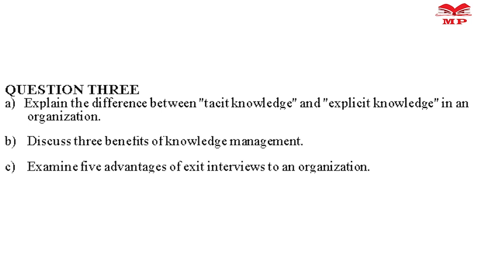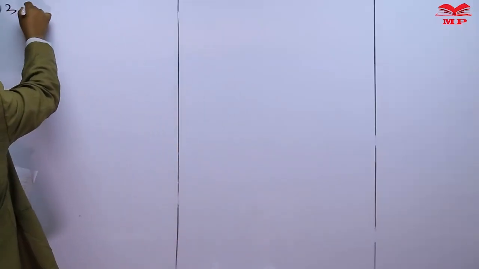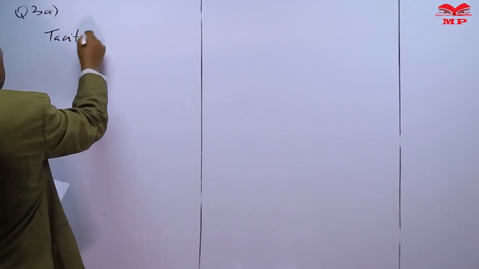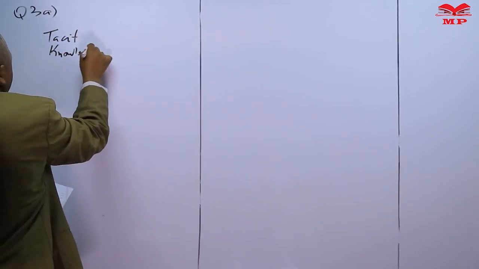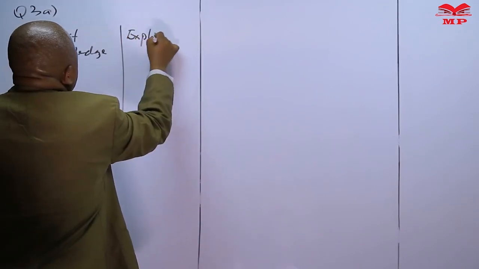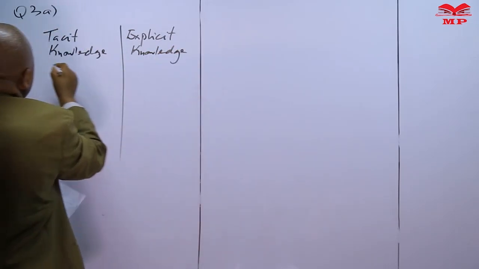We will start with question 3A. Question 3A required that the candidate should explain the differences between tacit knowledge and explicit knowledge.